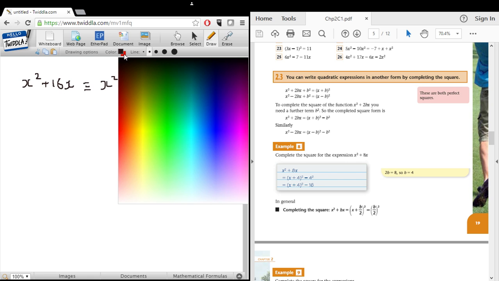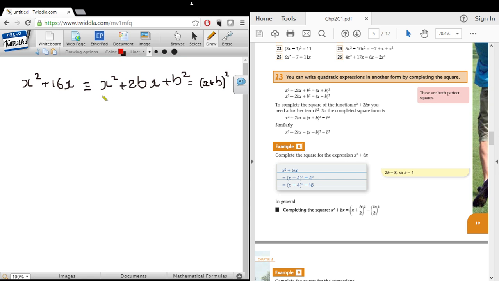So here we know that we have x squared plus, now this is going to correspond to our 2b, so that means that this is going to equal 16, which means b is going to be 8, right?